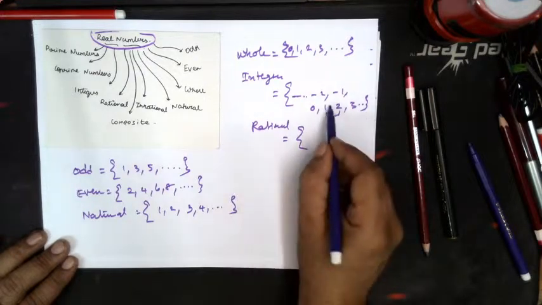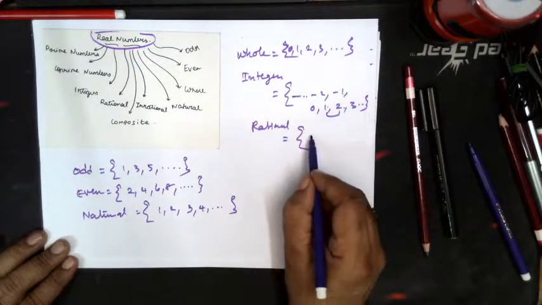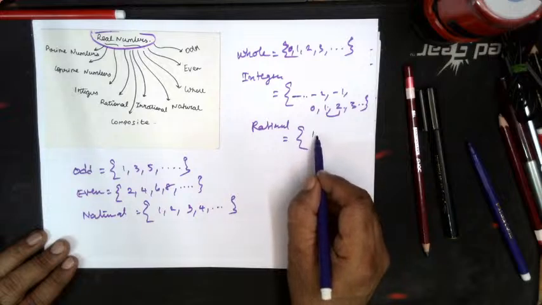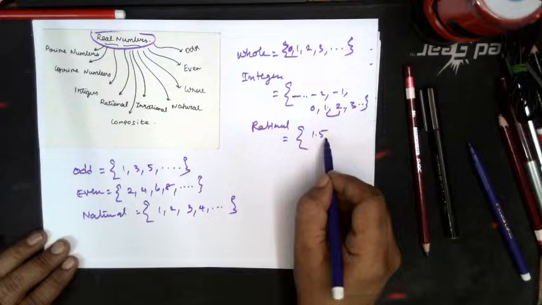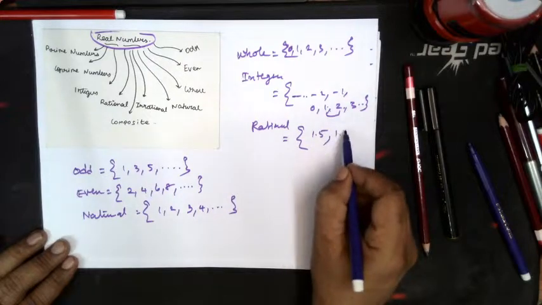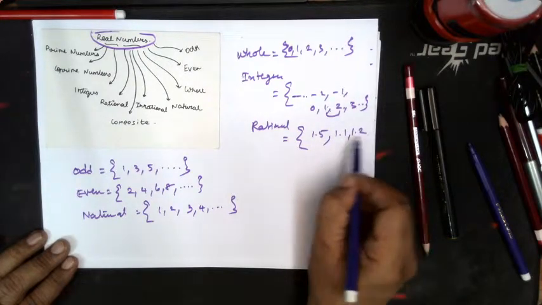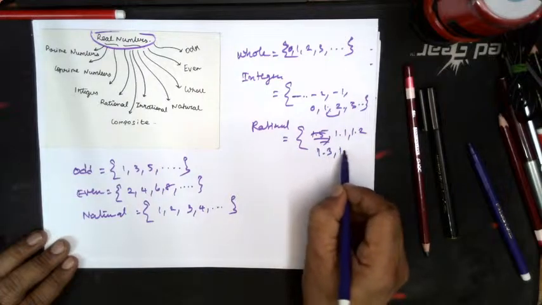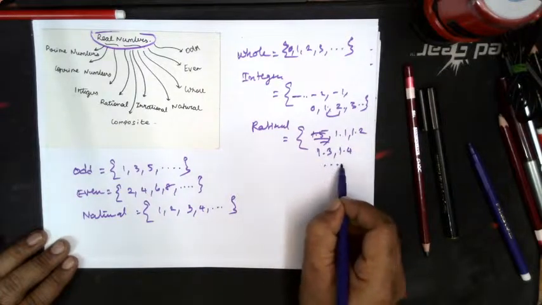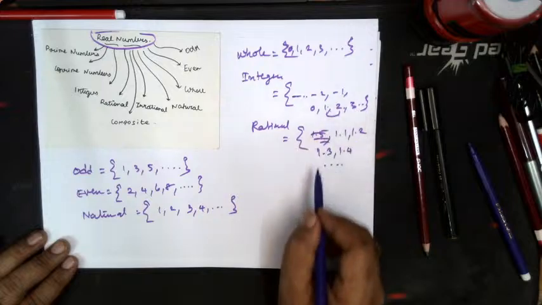For example, between 1 and 2, you have got 1.5. And you can also write 1.1, is it not? 1.1, 1.2, okay, 1.3, 1.4, etc. So in between you can have a lot of fractions.